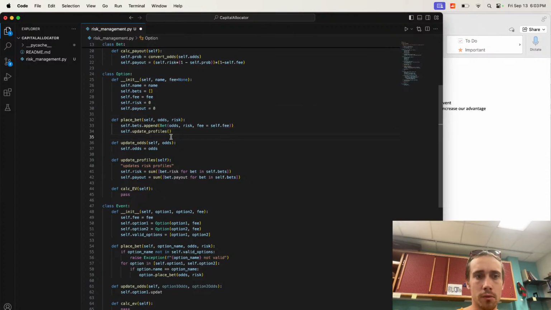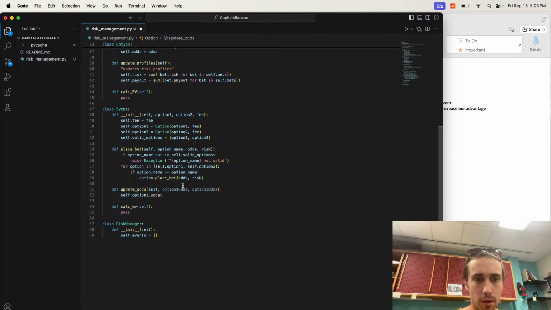Okay, so event update odds. For option, odds in zip.